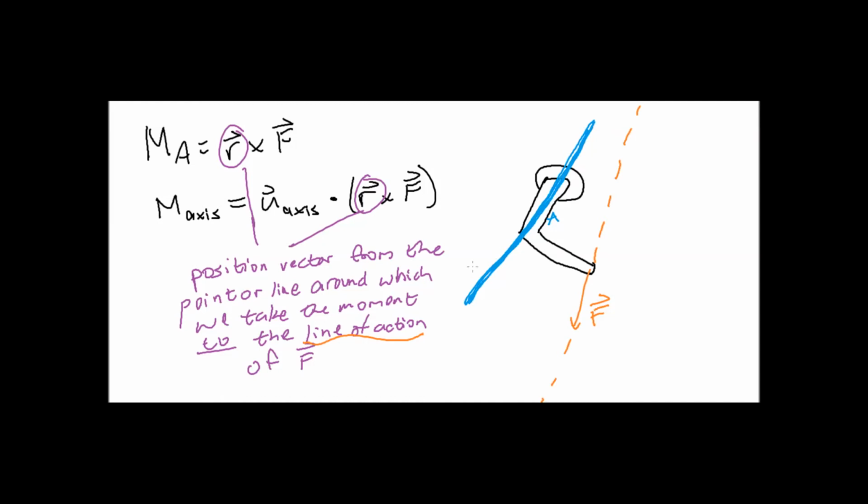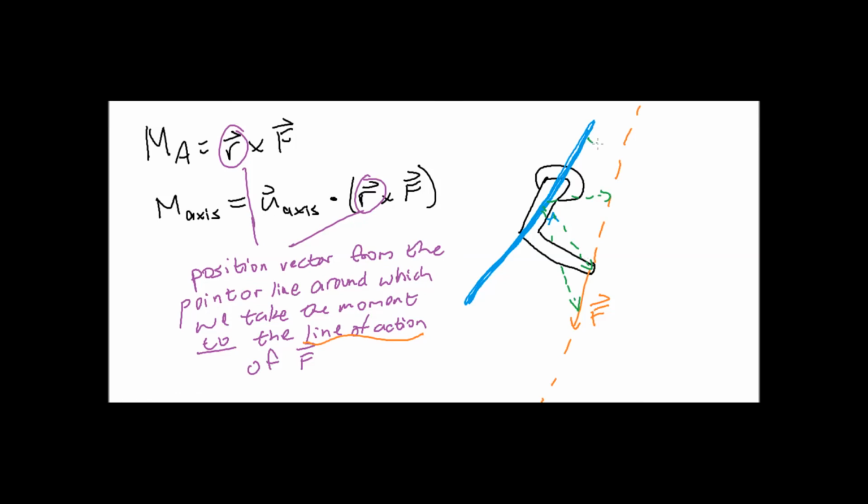But if we're going to take the moment about an axis as a result of our force F, then according to our definition, our position vector can be from the original point down to F like this, and it could also be any of these other ones that we initially did.